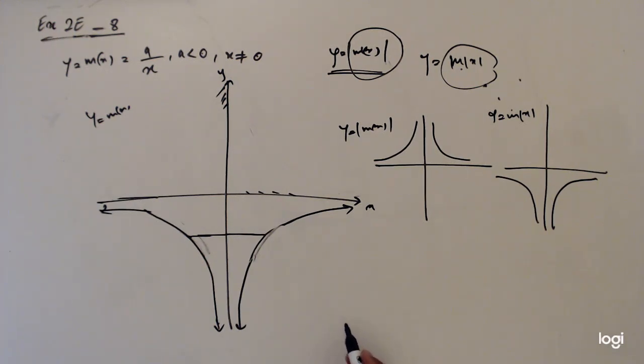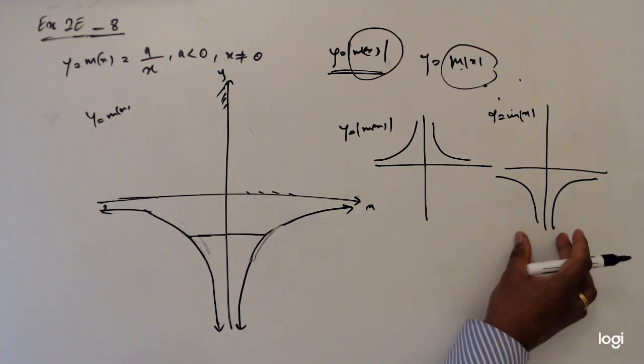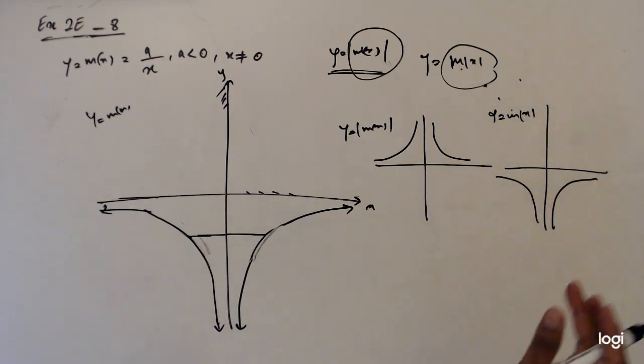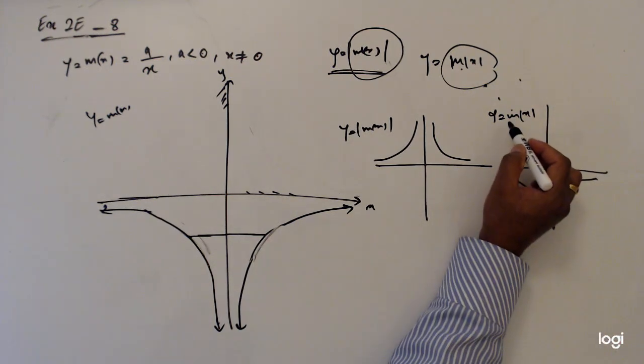Now we can see that if we turn this graph, if we multiply the y values by minus, then it will become this way.